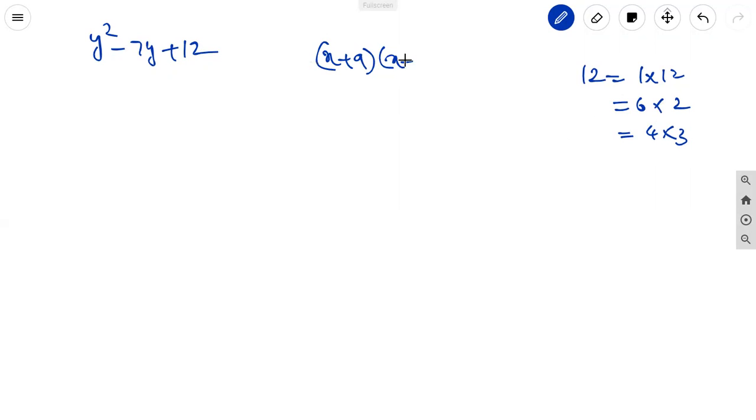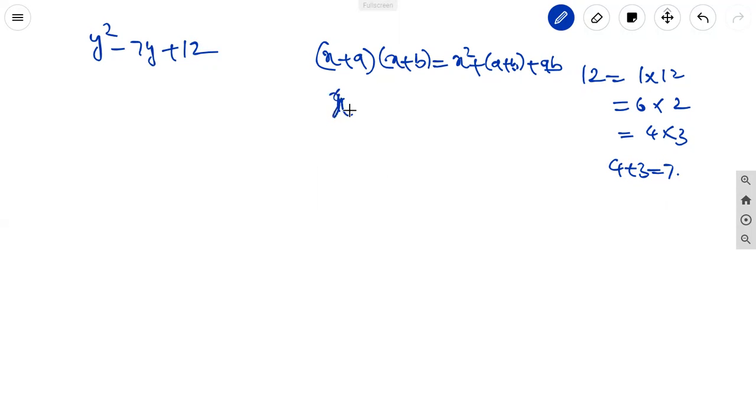identity? (x plus a) into (x plus b) equals x square plus (a plus b) x plus ab. Or, okay, here 12 means 4 plus 3 equals 7.